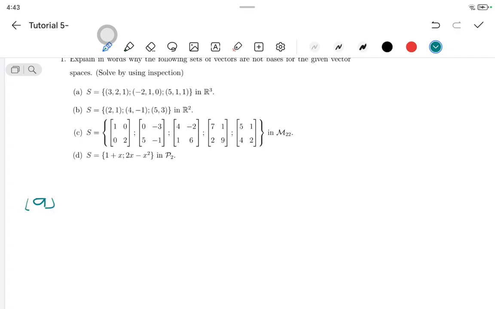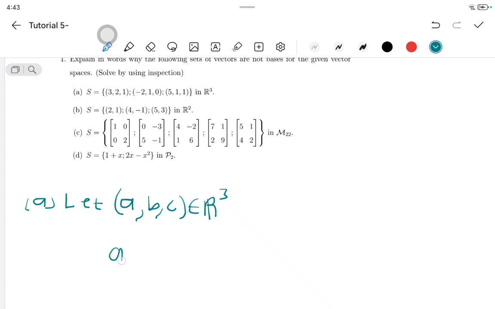We're going to come to S and let, like they say that S is equal to this in R3. We're going to let A, this is what is R3, so it means that R3 should be in this format, (A, B, C), an element of R3.